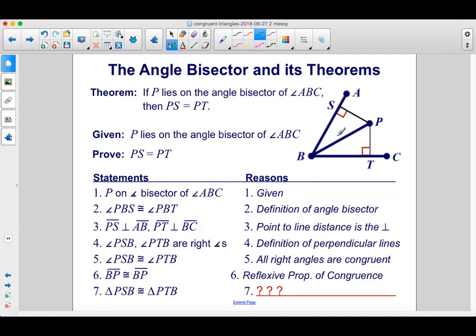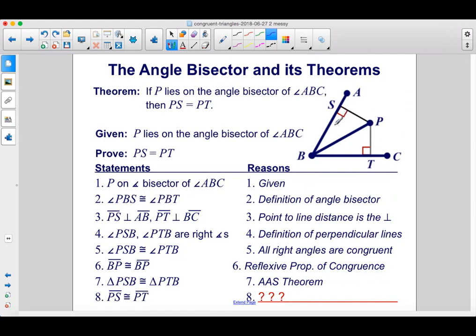Alright, since we've shown that BP is congruent with itself, which is the shared side between these two triangles, angle PSB, this angle here, is congruent with this angle here, and we've also shown that PBS, this angle, is congruent to this angle. We have angle side as the reason why these two triangles are congruent.